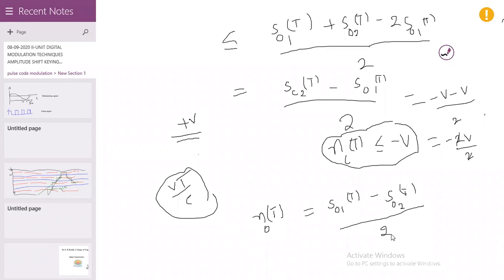So this is the N naught of t. This is the limit of that N naught of t: if N naught of t is equal to this value or greater than or equal to this value, then there is an error that can be obtained at the output of the receiver. So this is the starting limit of the noise signal.